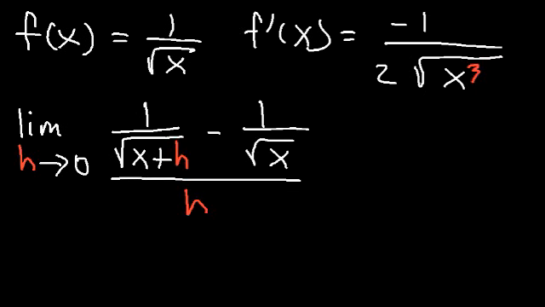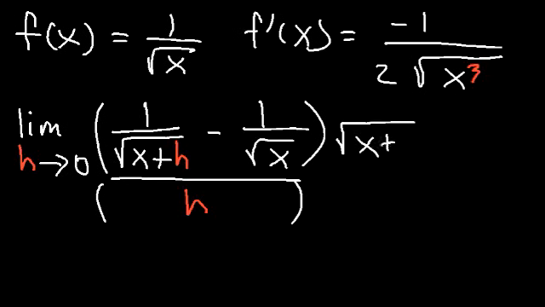Personally, I think it's easier if you get rid of the fractions first and then multiply by the conjugate. So let's do it that way. Let's multiply the top and bottom by the common denominator. That is the square root of x plus h times the square root of x.